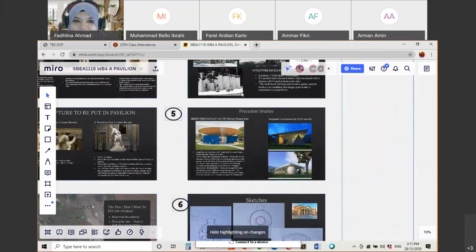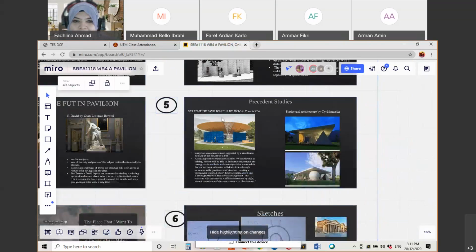So at the same time, we can use nature, the environment, to make the building better.